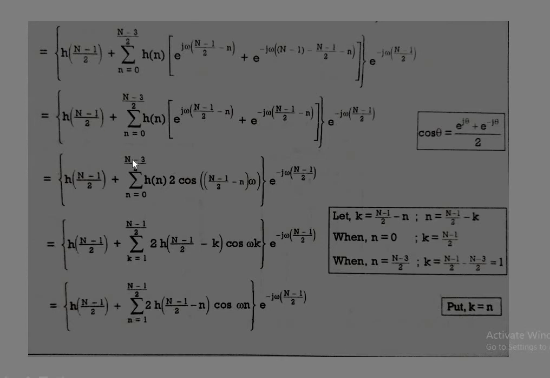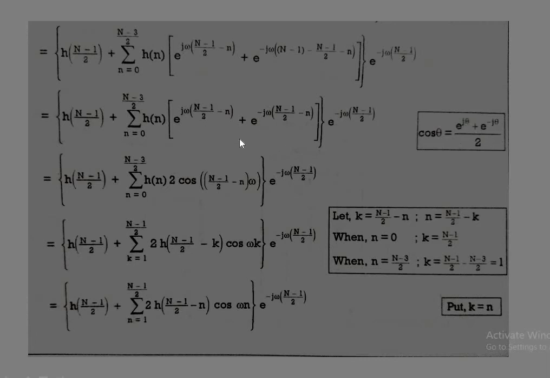And now I have written the same equations for your convenience once again. H of n minus 1 by 2 plus sigma n is equal to 0 to n minus 3 by 2 h of n, so on. And now expressing this particular equation in terms of cos theta, because we know that the trigonometric ratio cos theta can be represented in terms of exponentials as e power j theta plus e power minus j theta by 2.